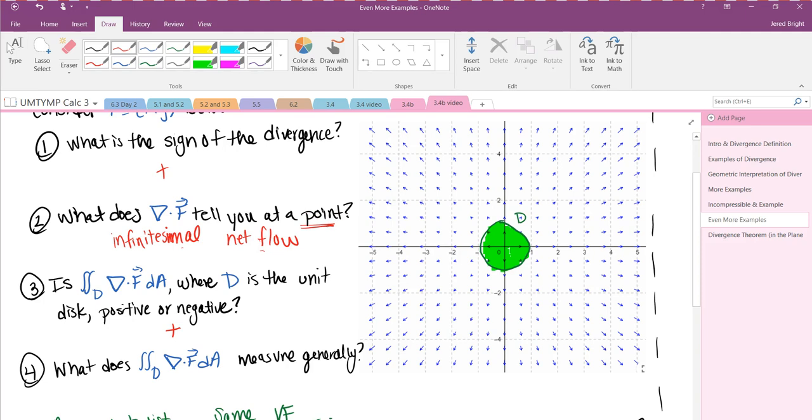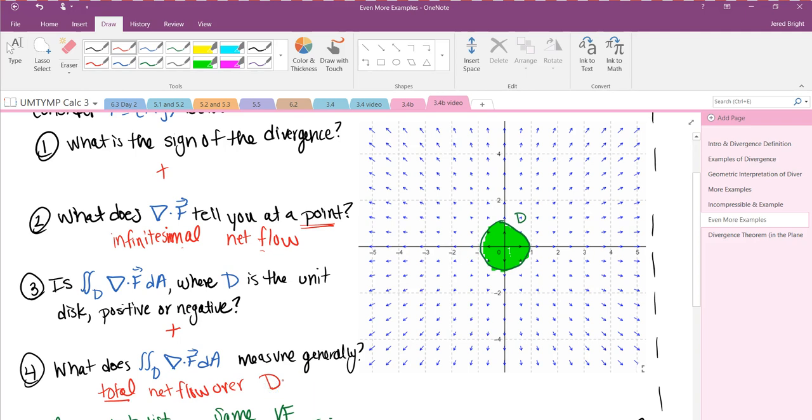And now we're doing it over an entire region. Well, if we add up things that are all positive, we should get something that's entirely positive. So really what this integral should tell us is total net flow over the region D. Okay, so that's interesting.